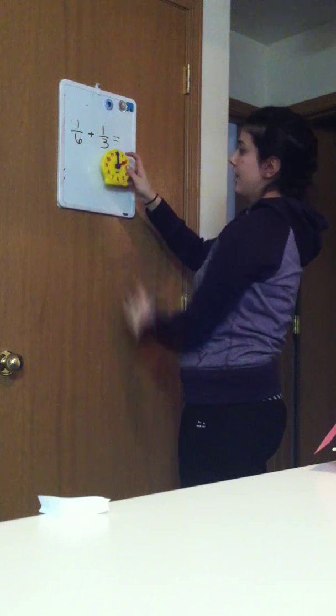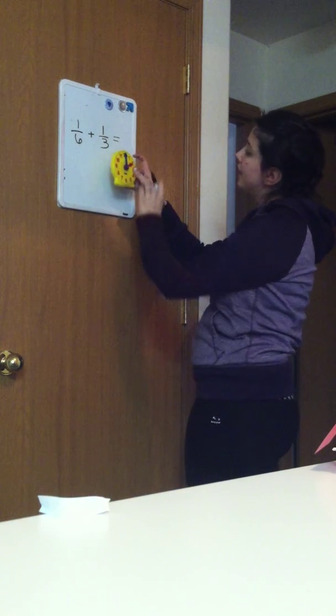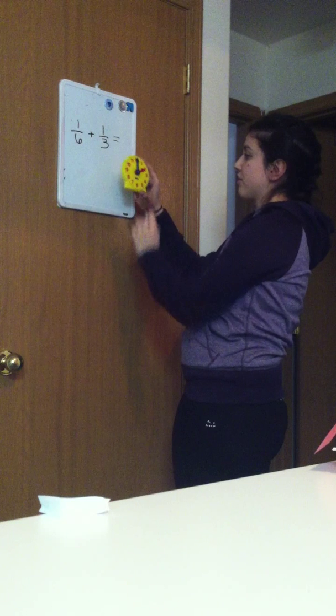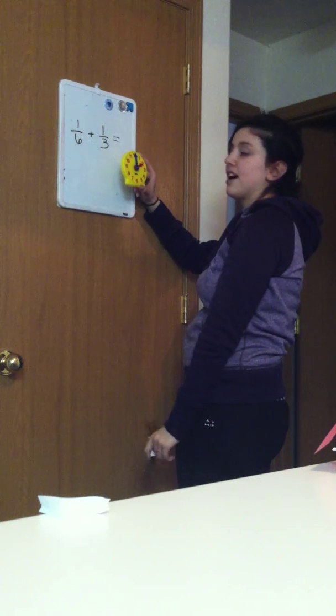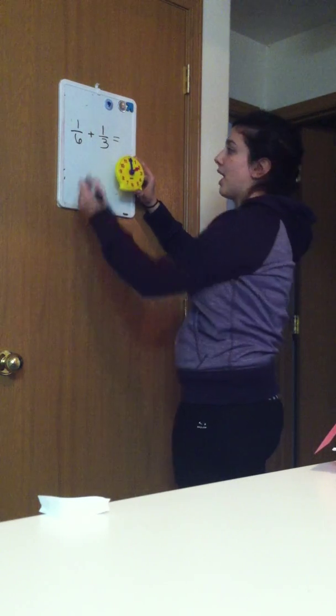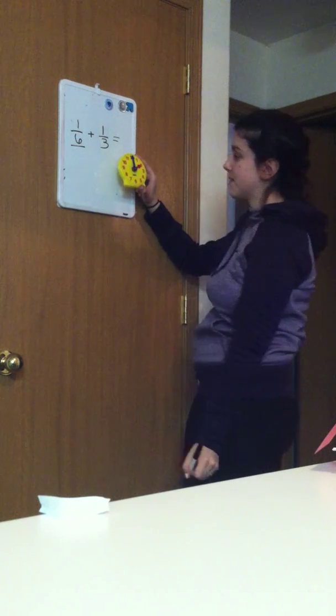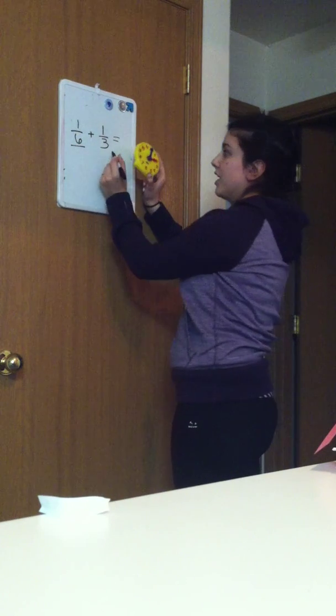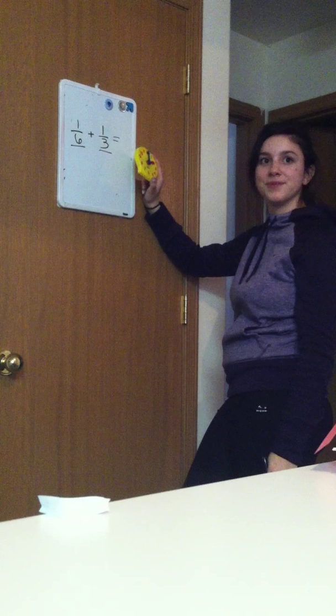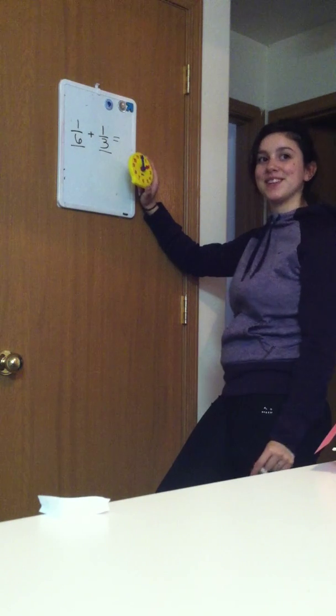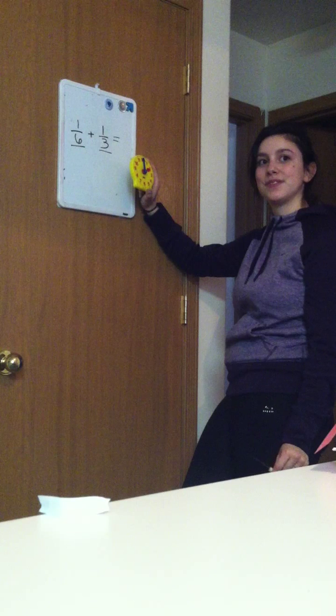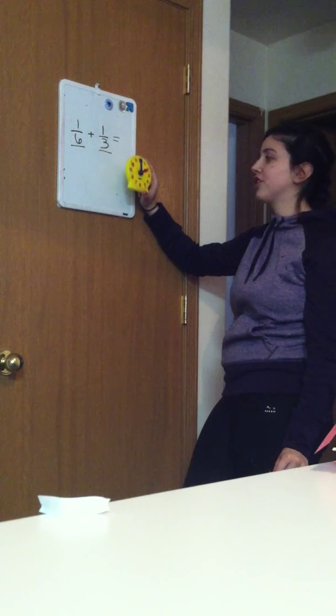At 2 o'clock, right? And then I want to move it 1/3 of the way down. So I have my clock at 1/6, and now I want to move it 1/3 more. Where would that be? So where's 1/3 on the clock?